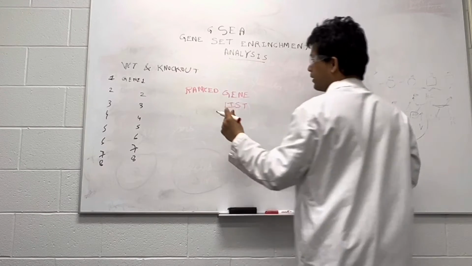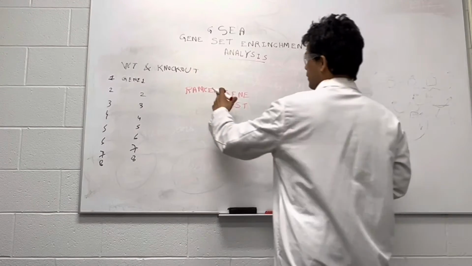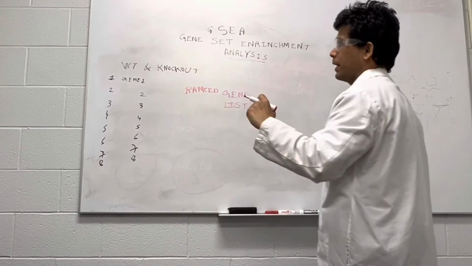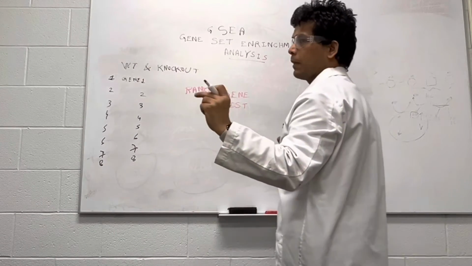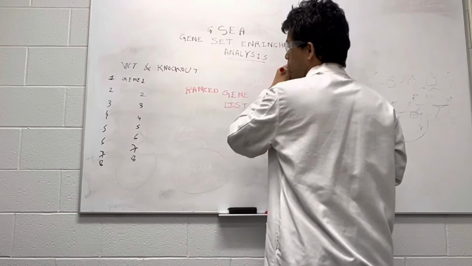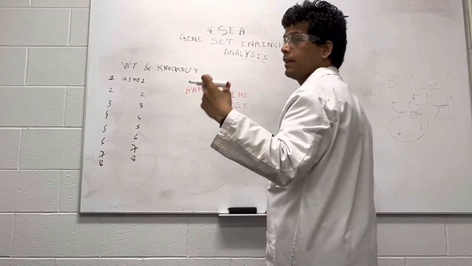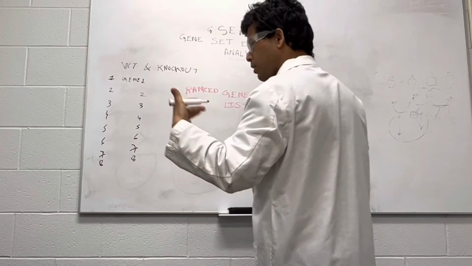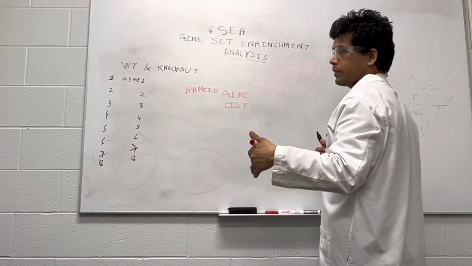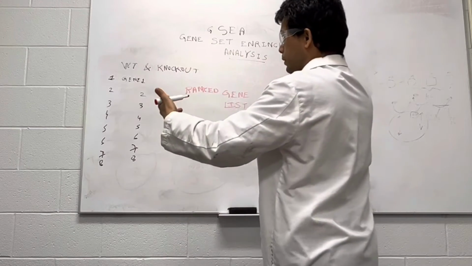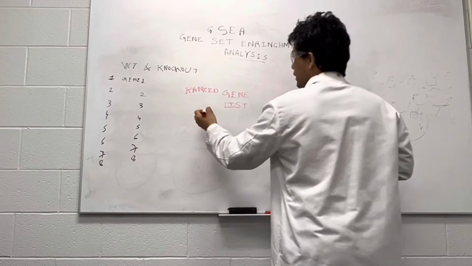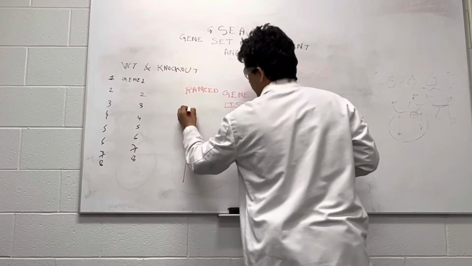And how is this list prepared? The list is prepared by comparing the same gene in different samples and seeing whether that gene is overexpressed, underexpressed, or equally expressed in the knockout. And then the list is prepared like this.